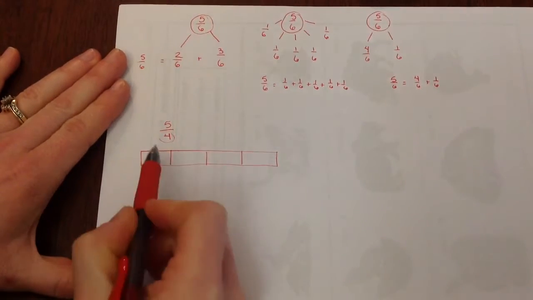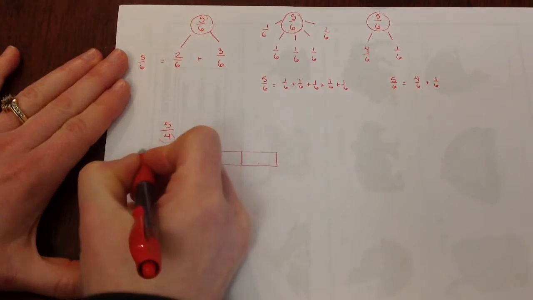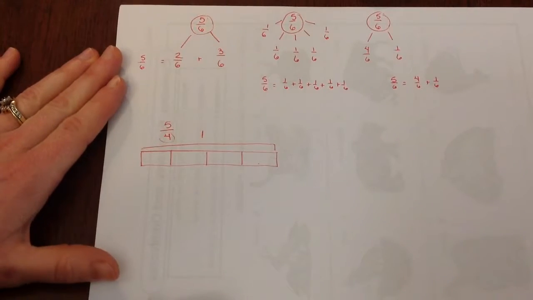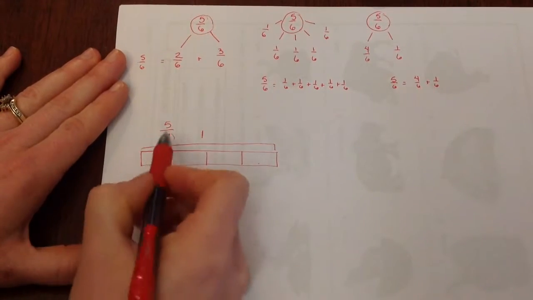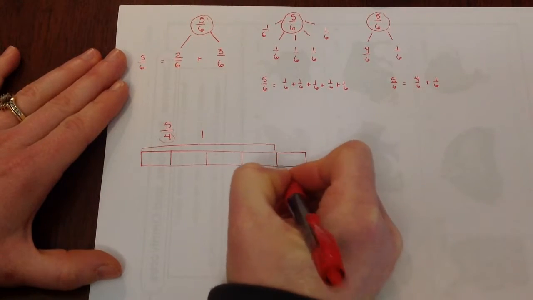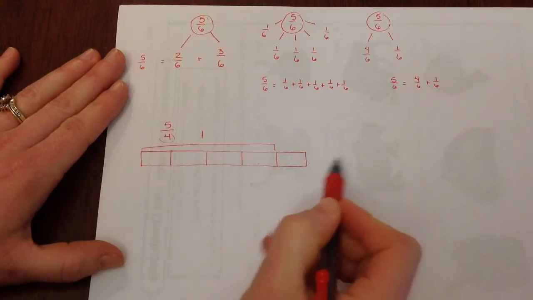But look, I only have 1, 2, 3, 4 fourths. I represent that by calling that 1 whole. That's 4 fourths. But I want 5 fourths, so I need to actually add on another block, which is the same size as the rest.